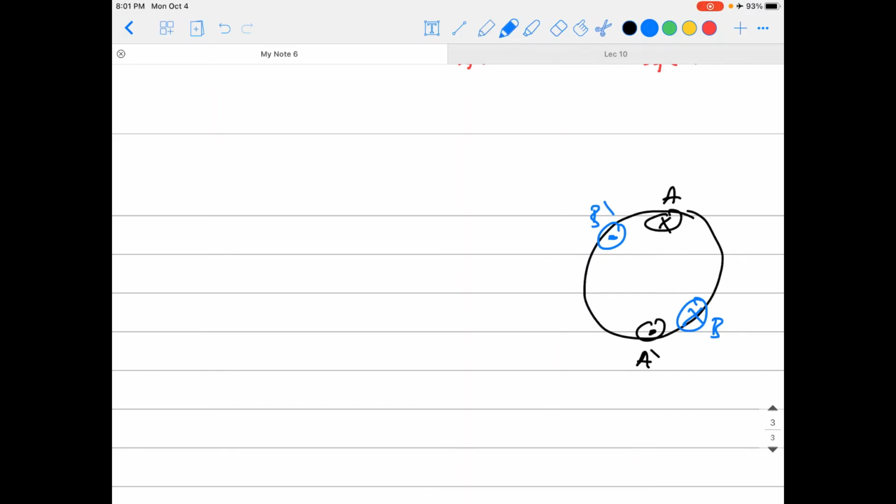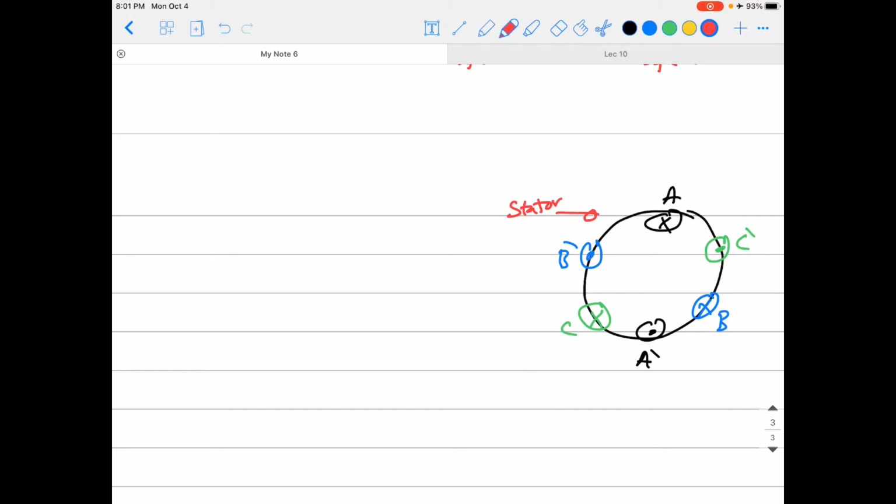And this will be C, and that is C dash. So that is the three-phase winding in the stator of the machine, like we explained last time.